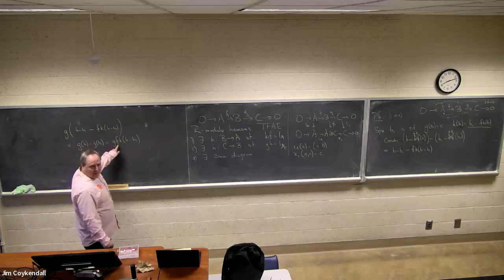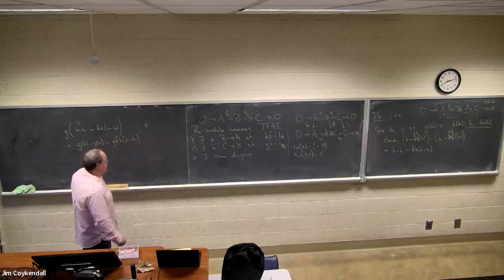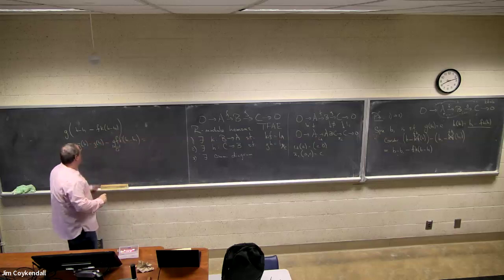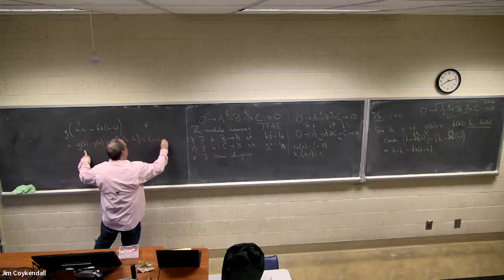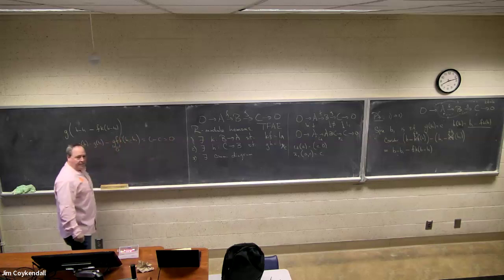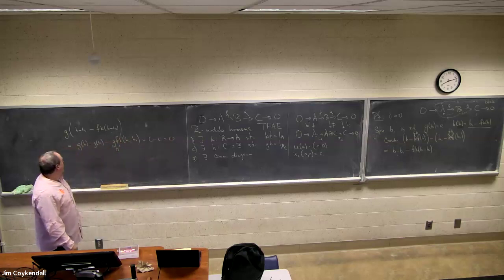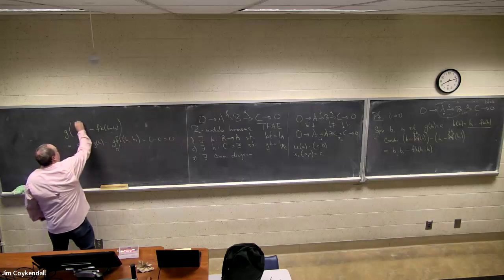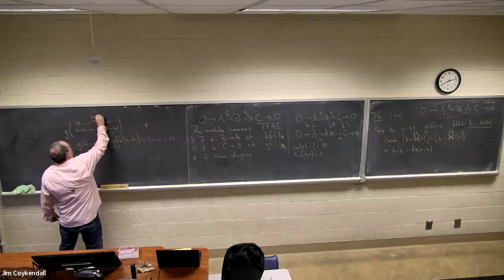GF is the zero map, because of the exactness of that. So this piece is gone. And here I just get C minus C, zero. This means by that first lemma that this is in the kernel of G.